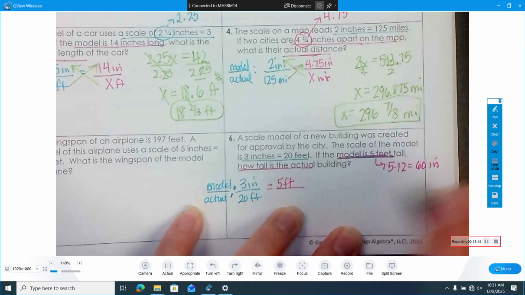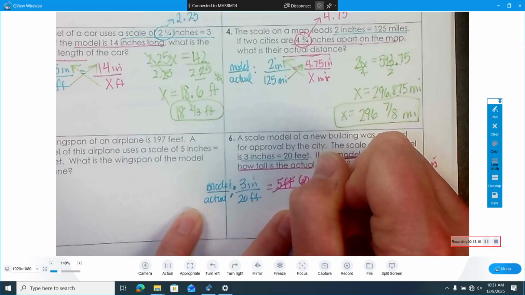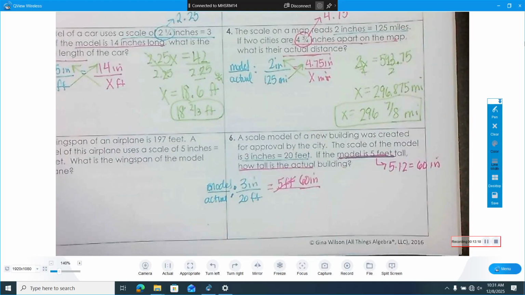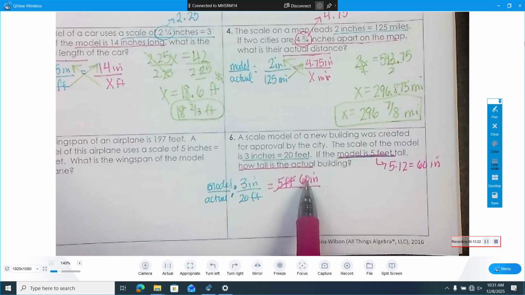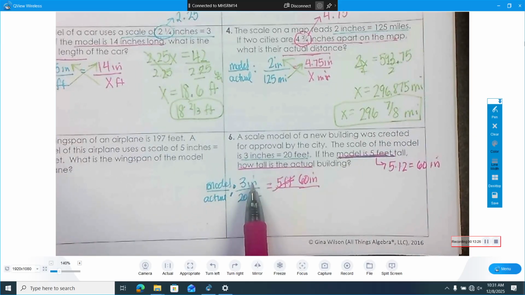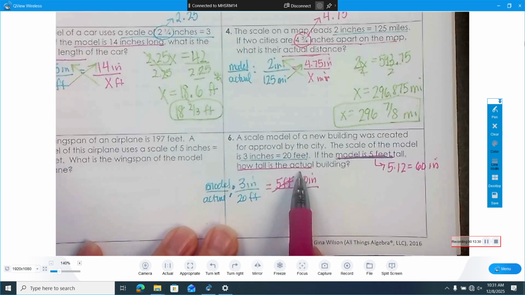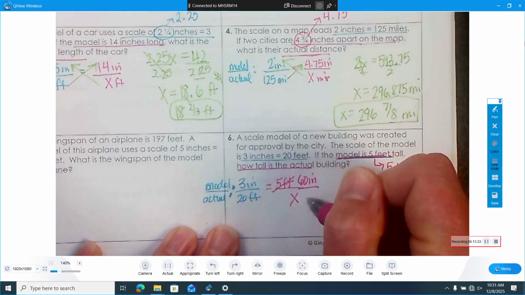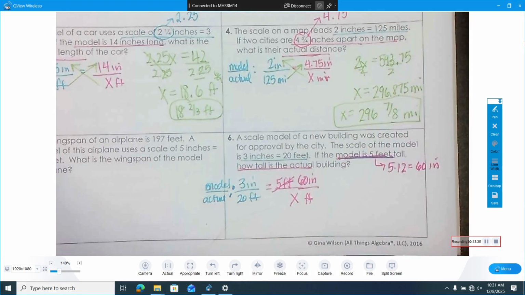So that would be 60 inches. But it's important that you know where to place it. It's information about the model, so it has to go on top. But we also have to make our units match. That's really, really important. We want to know how tall is the actual building, so the X feet is going to go on the bottom. That's the actual thing we're trying to figure out.